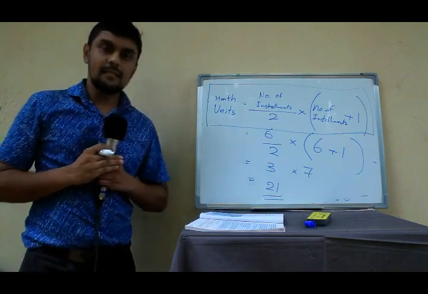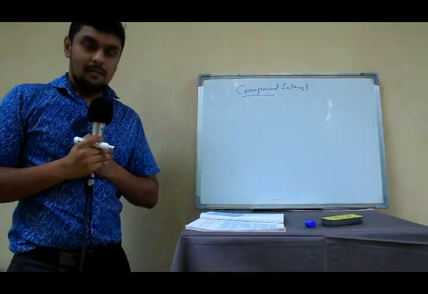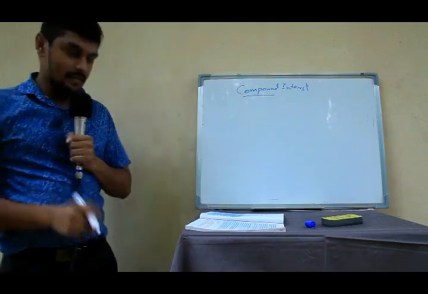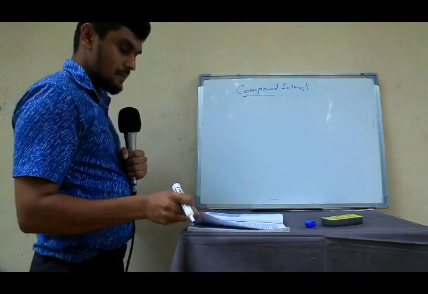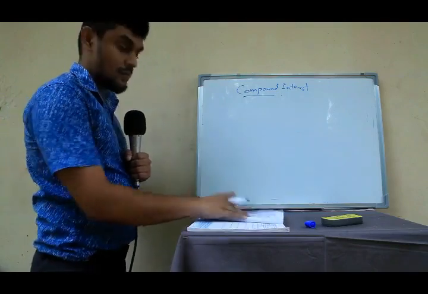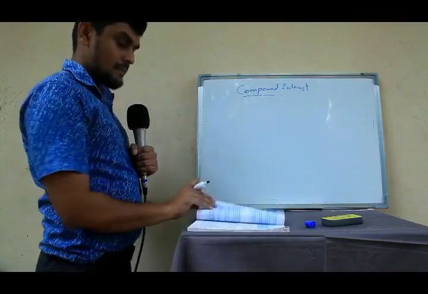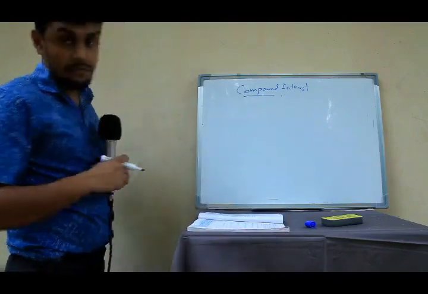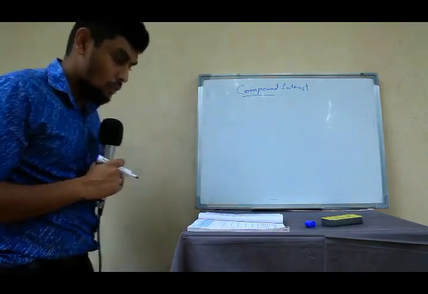So let's discuss compound interest. Right, our next lesson is compound interest. Go to page 7 in your textbook, compound interest, and there is an example on page 9. Turn to page number 9 and read the question, example 2.